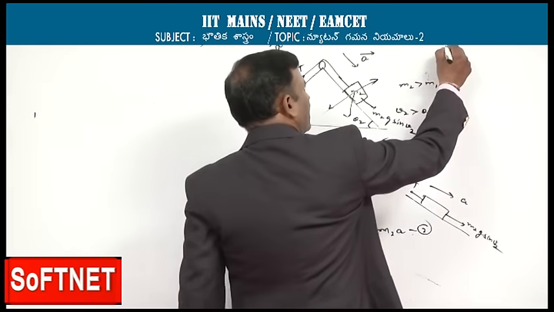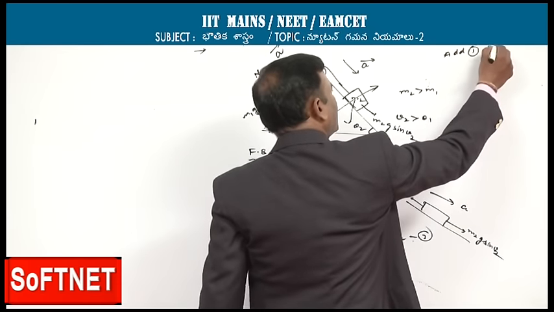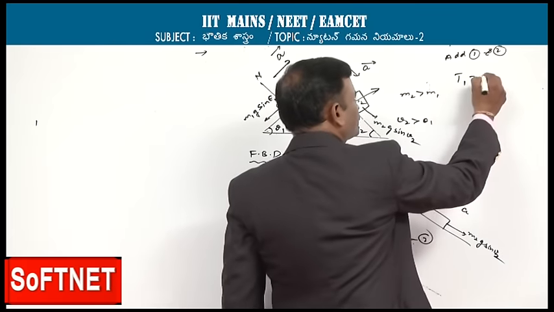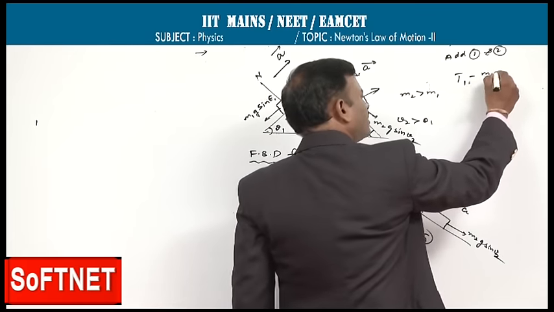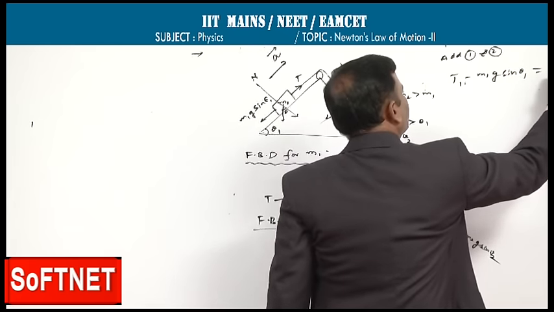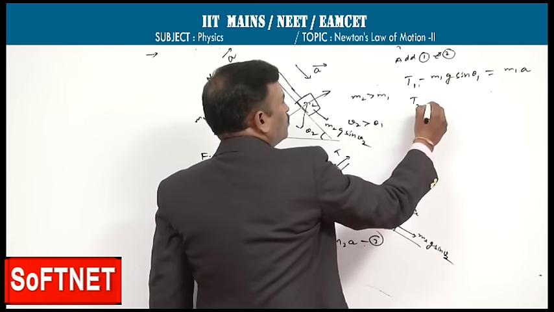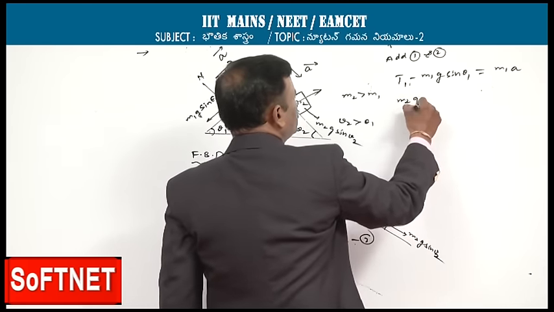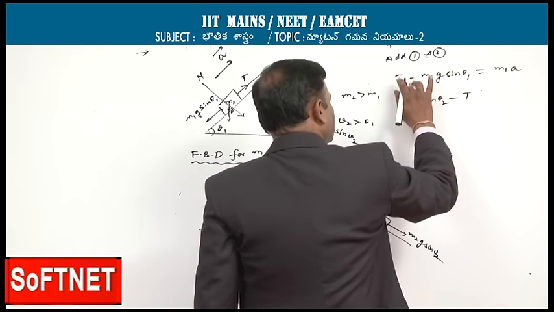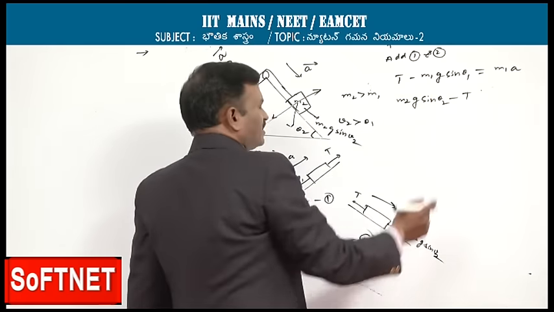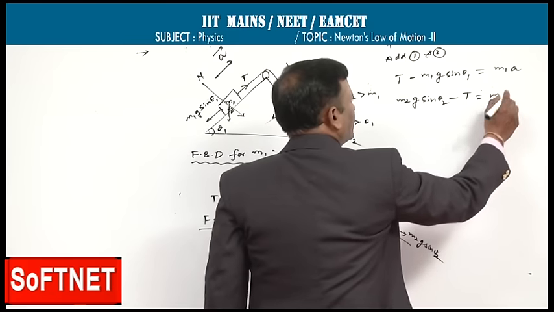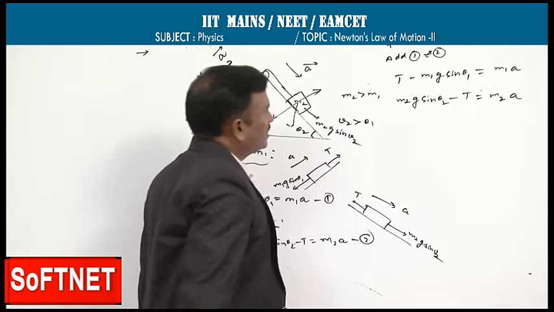So let us see, adding equation 1 and 2. T1 minus m1g sin theta 1 equals m1a, and m2g sin theta 2 minus T2, sorry, it is T1 and T2 both are T, equals m2a.